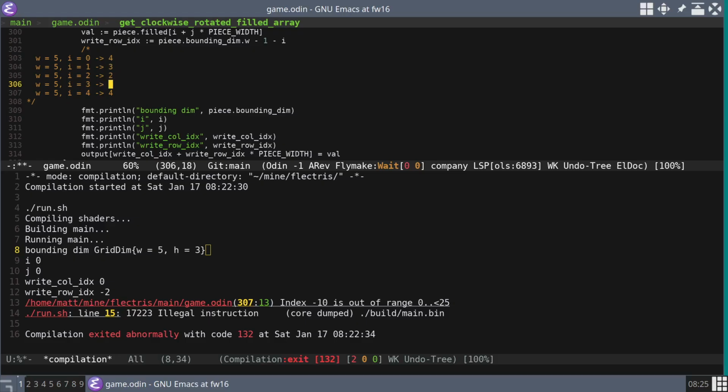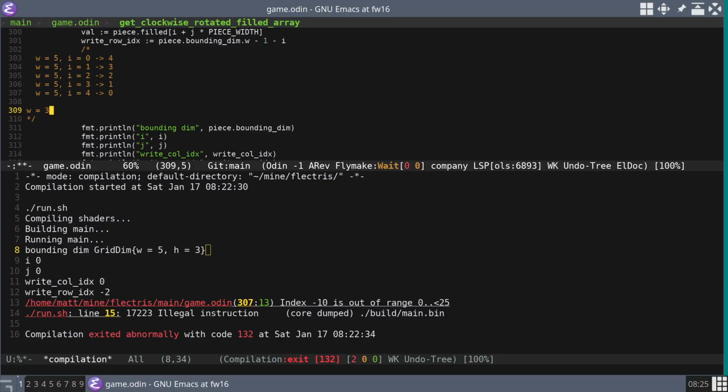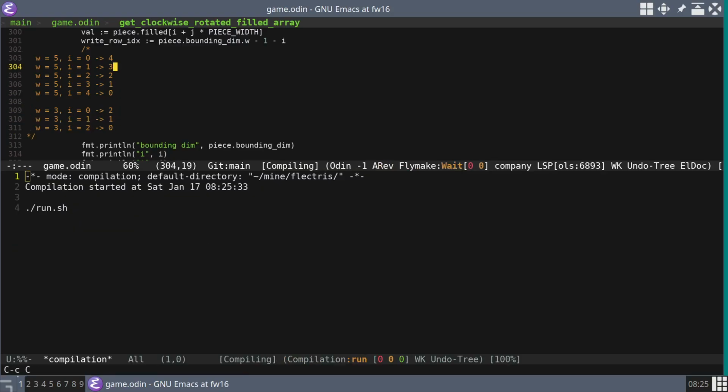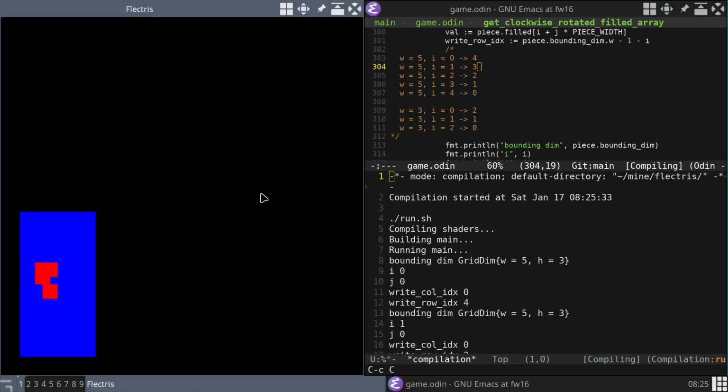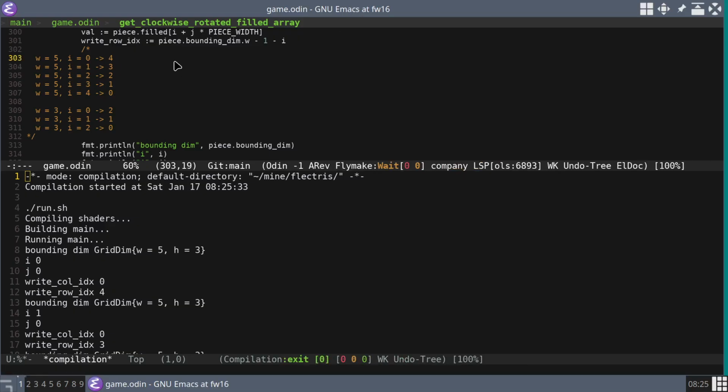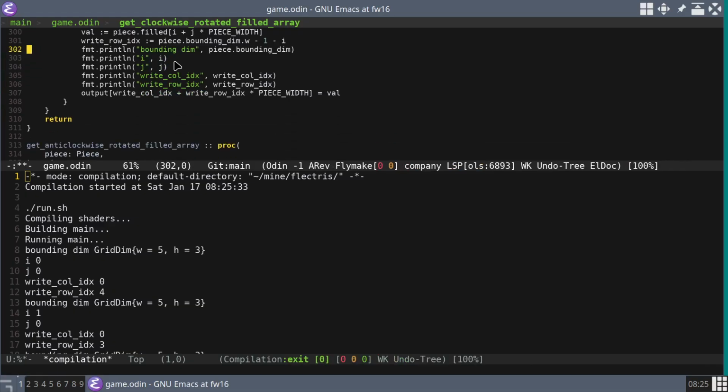These would just decrease, so I would get like that. And if width were equal to 3 instead, i equals 0 gives us 2. Let me indent. Width stays 3. I would count up to there. This would decrease and we go like that. I think that might be right. Cool. That looks better. I think it was some bad reasoning on my part.